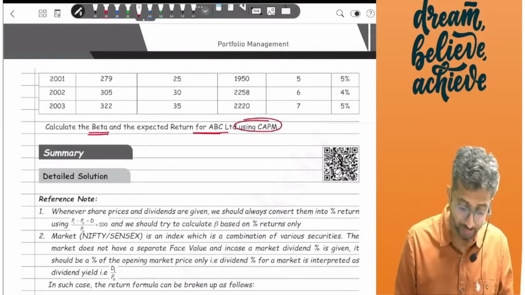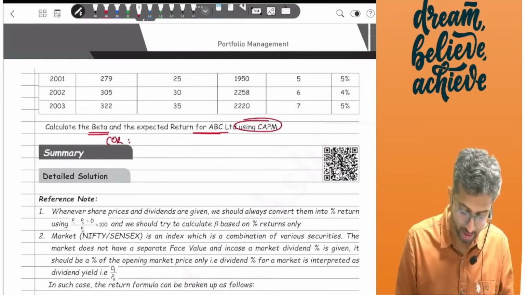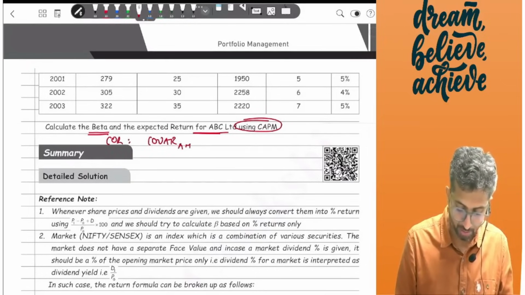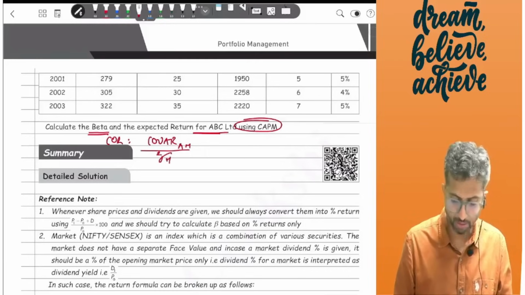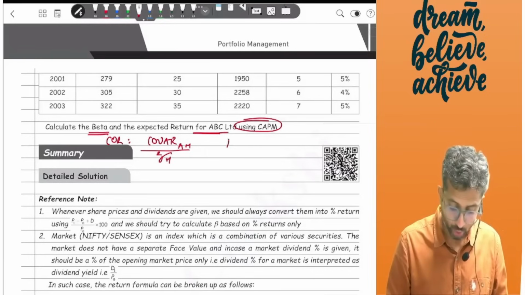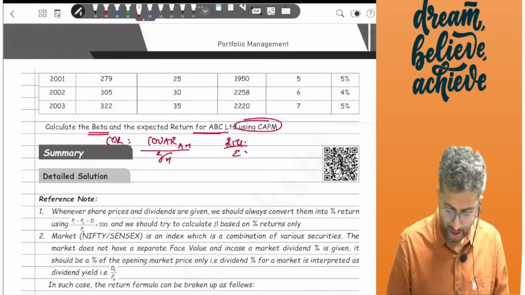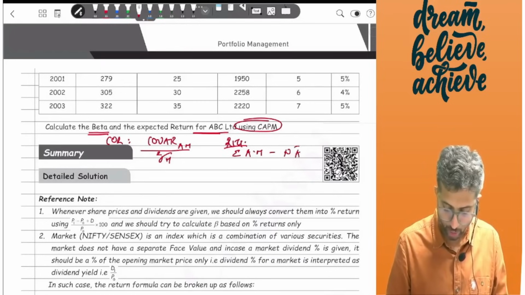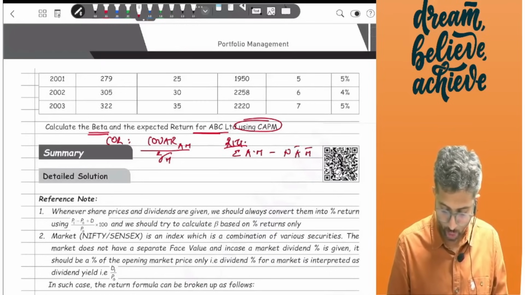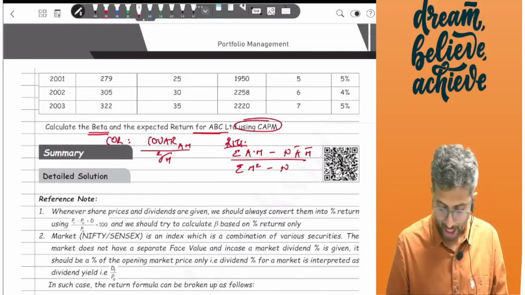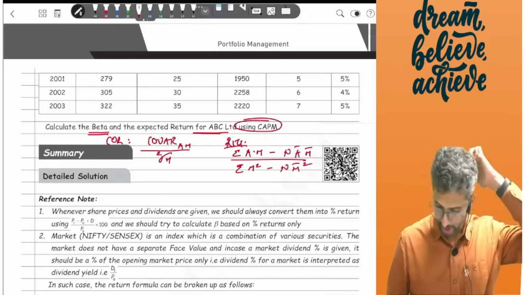So for beta, if you were to follow the correlation method, one of the formulas is covariance of A with the market upon variance of the market. Or if I were to solve using the regression method, then it is summation of A into M minus N into A bar into M bar upon summation of M squared minus N into M bar squared.